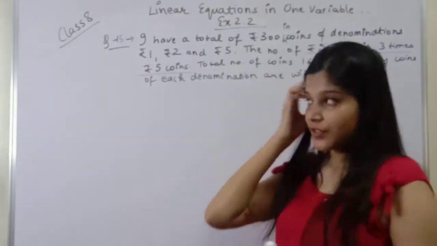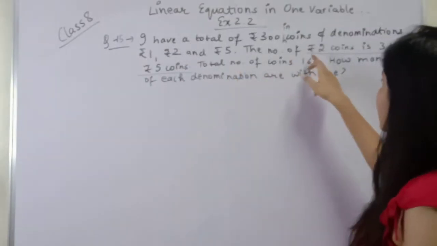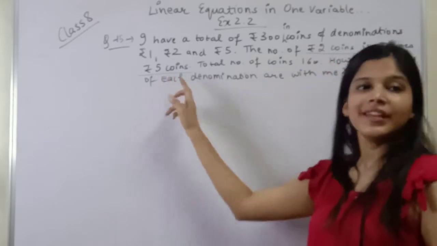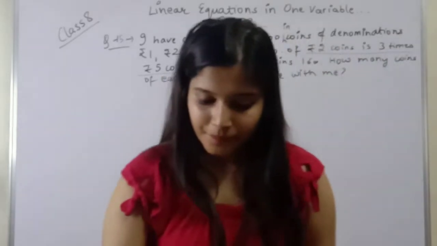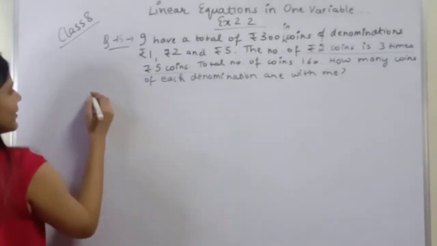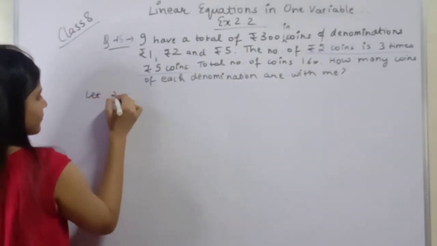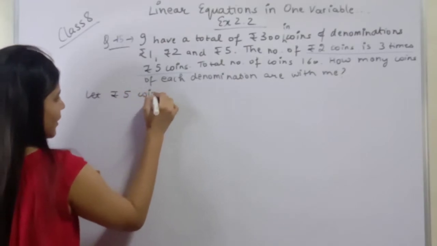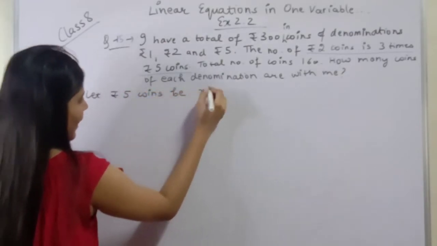So, in this question we are given one relation of rupee 2 coins with rupee 5 coins. So, I hope it's clear that we have to take rupee 5 coins as x. Let rupee 5 coins be x.